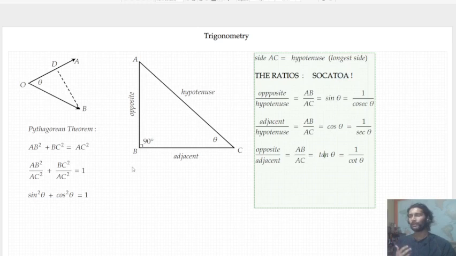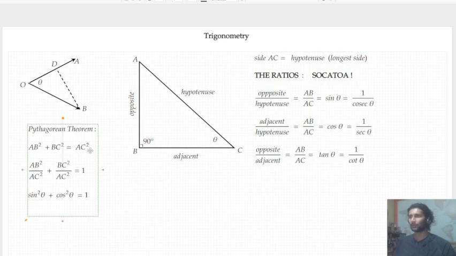So for example, let's say we take the Pythagorean theorem. Pythagoras theorem tells us the sum of the two side squares will be equal to the larger side square. So that is AB square plus BC square is equal to AC square for a right angle triangle. So what I have done is I have divided the entire equation by AC square.